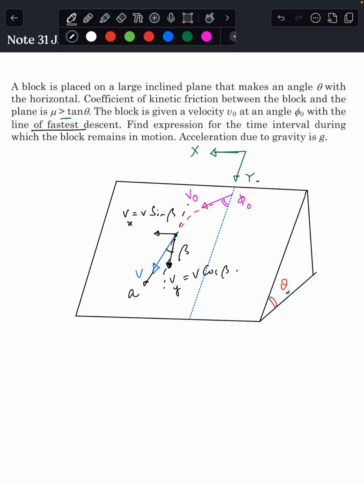After writing these two equations, vx is equal to v sine beta and vy is equal to v cos beta, you will be immensely tempted at this point of time to write that ax is equal to a sine beta and ay is equal to a cos beta. This is a wrong pair of equations. You can't write this. Why can't you write this?